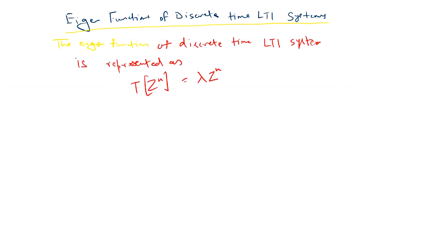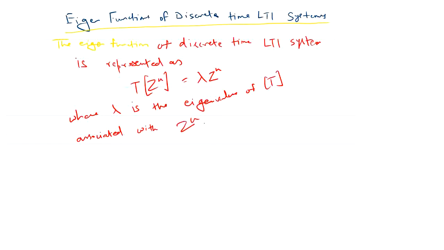What is lambda? Likewise in the continuous time case, here also lambda is the eigenvalue of the discrete time LTI system associated with z^n.